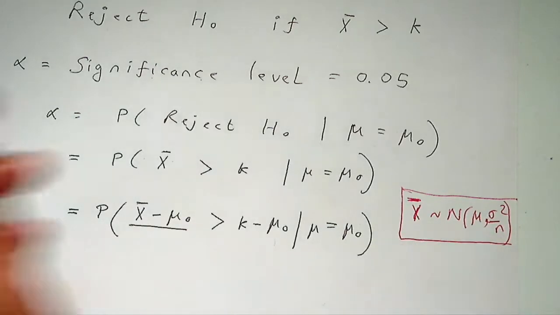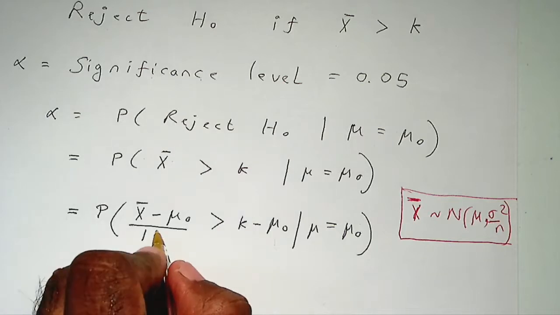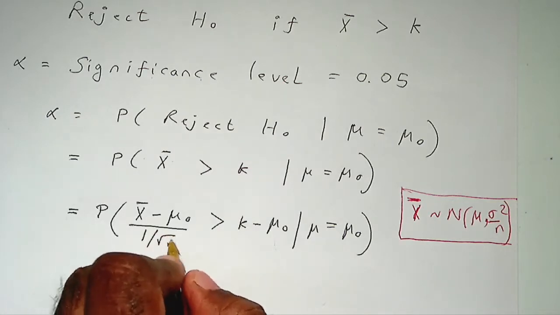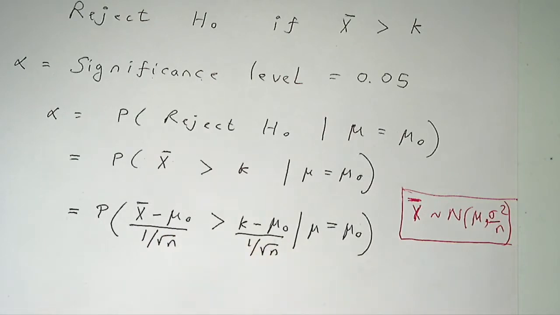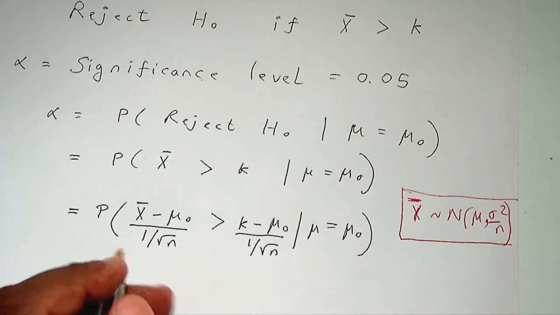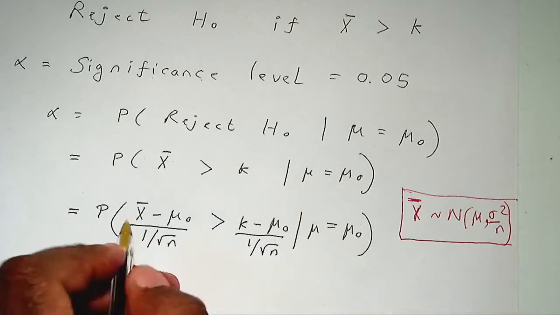Sigma squared is 1 because you are told sigma squared is equal to 1. All right, so it's going to be 1 by root of n. Do you guys see what I've done? I have subtracted mu 0 both sides and divided by the square root of this, which is 1 divided by root of n.